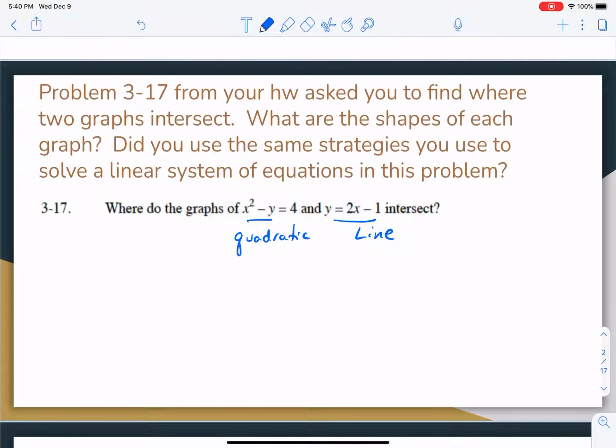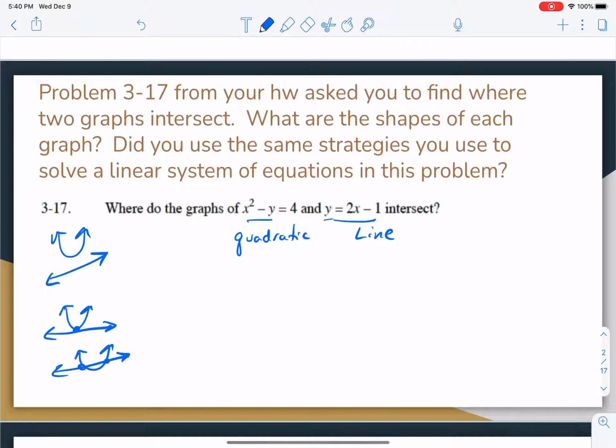So if you think about how a quadratic and a line intersect, they could either intersect nowhere, or they could intersect in one location, or they could intersect in two locations. So if I'm going to work to figure out where they intersect, I could graph them, I could use substitution, or I could use elimination.